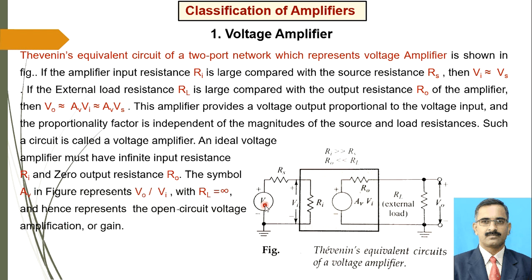If the external load resistance RL is larger compared to the output resistance Ro of the amplifier, then Vo is nearly equal to Av into Vi, which is again nearly equal to Av into Vs, because Vi is nearly equal to Vs. This amplifier provides a voltage output which is proportional to the voltage input, and the proportionality factor is independent of the magnitudes of the source and load resistance.